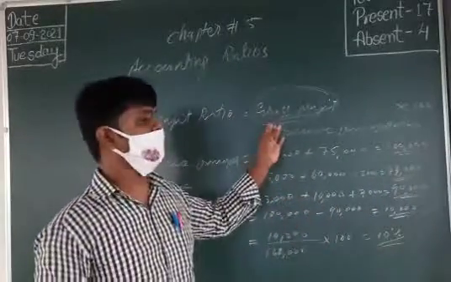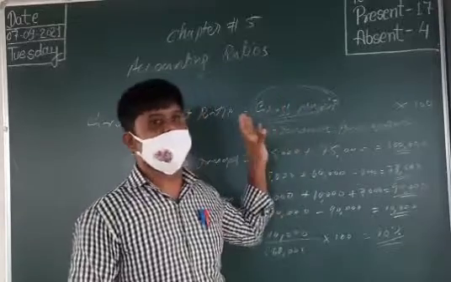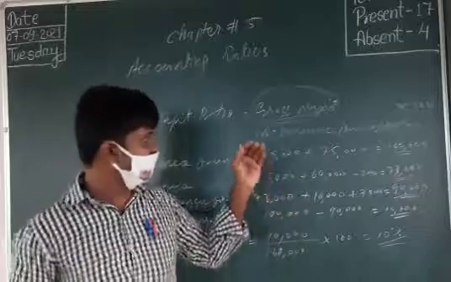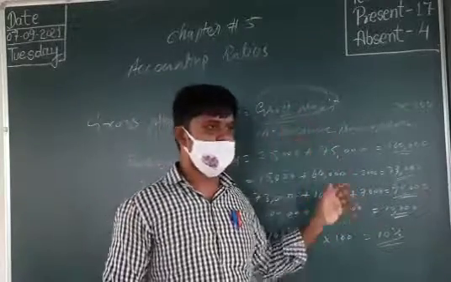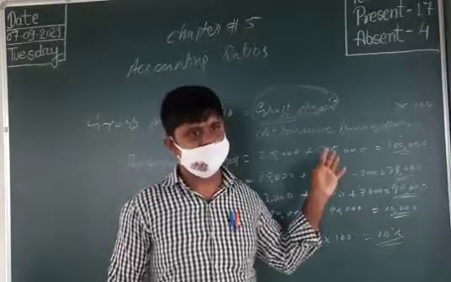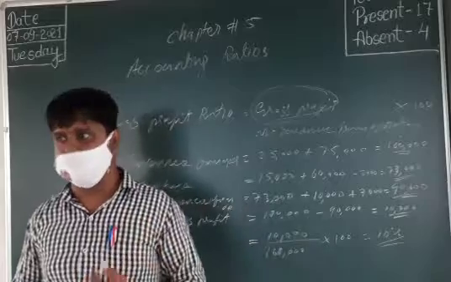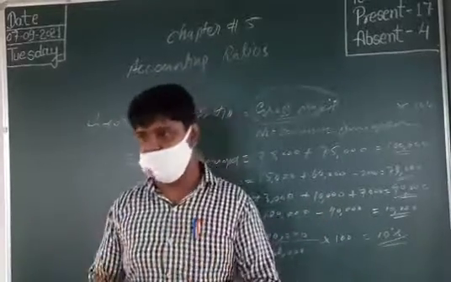Many times we will not get these items directly. That is the main problem here. So you need to solve different questions to find out the gross profit. Not only this way, many methods are there. By practice only we will come to know that. If we solve only one question, you will not understand.